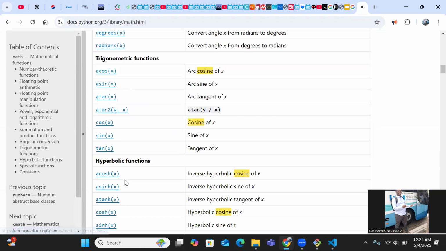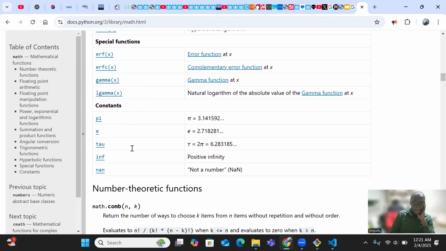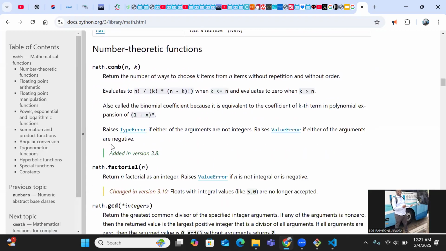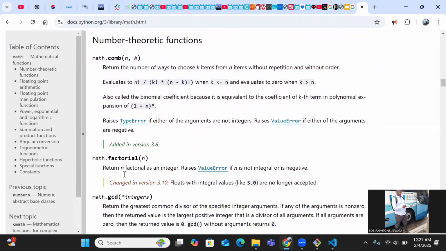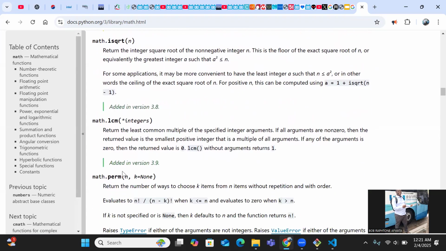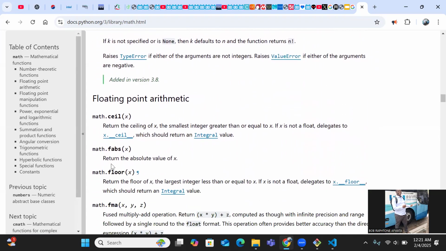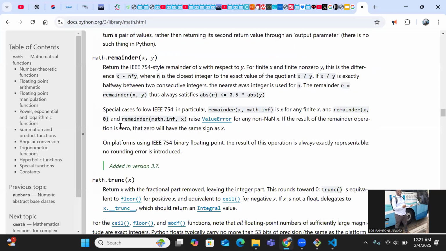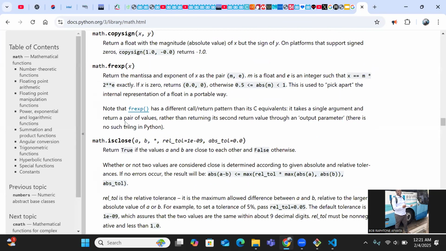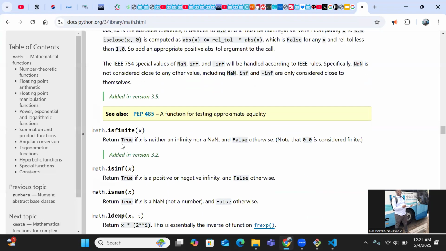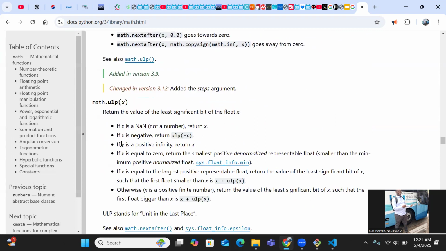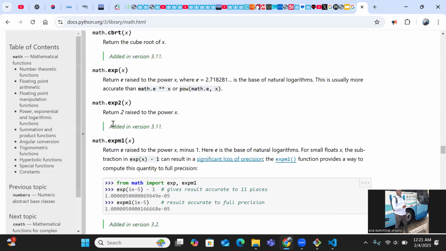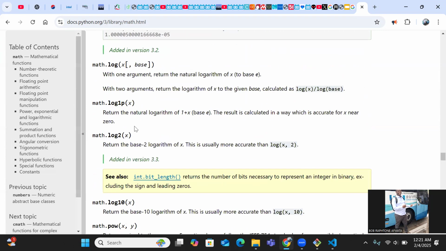A cosine, pi, math dot square root, math dot ceil, math dot floor, math dot trunc, math dot copysign, math dot log.